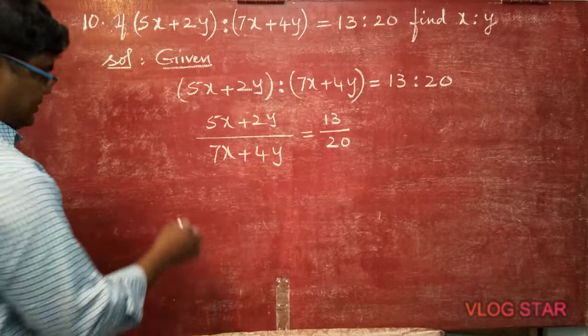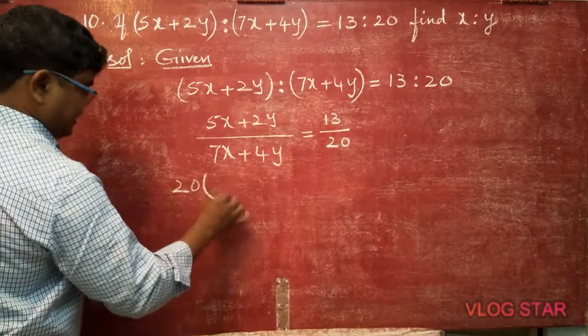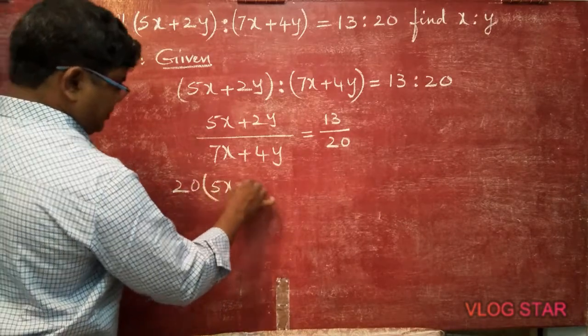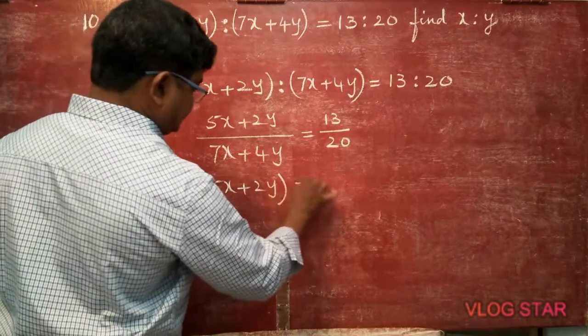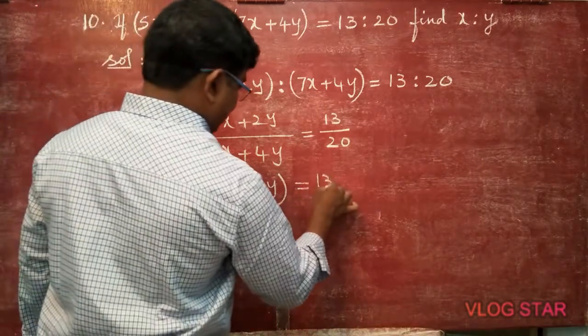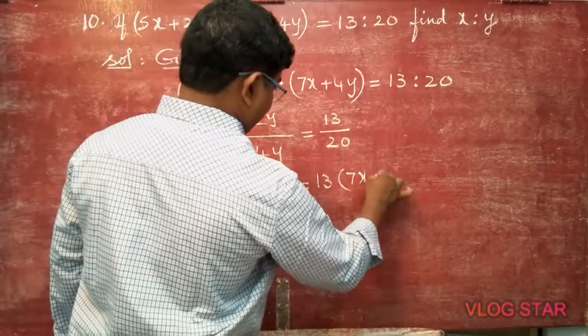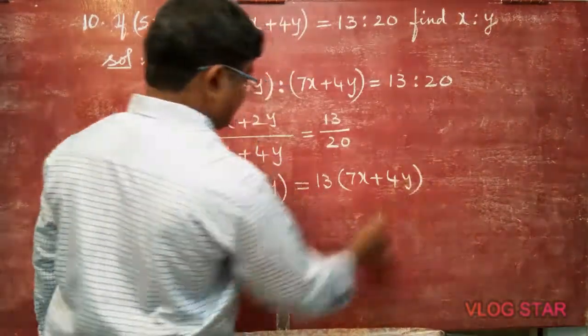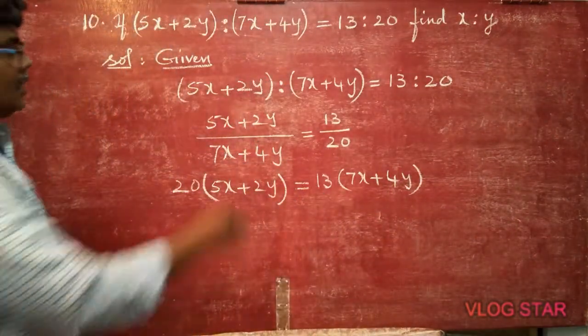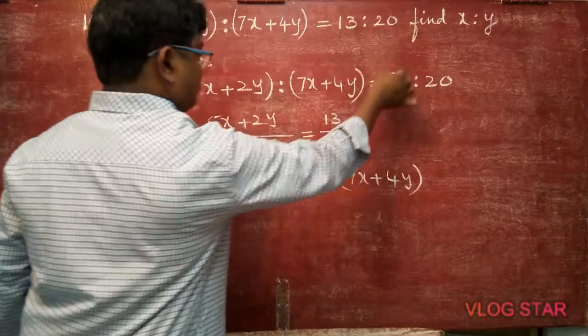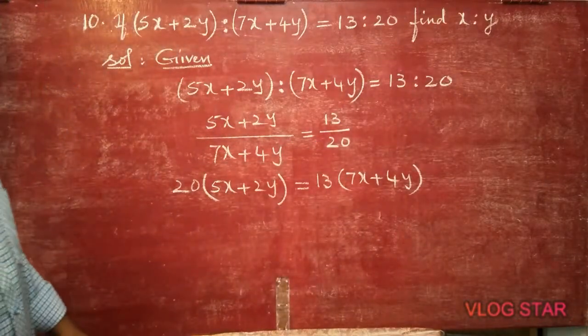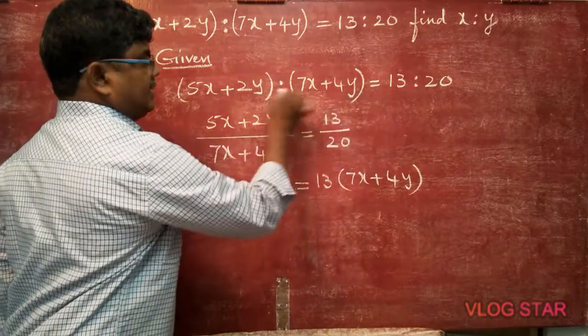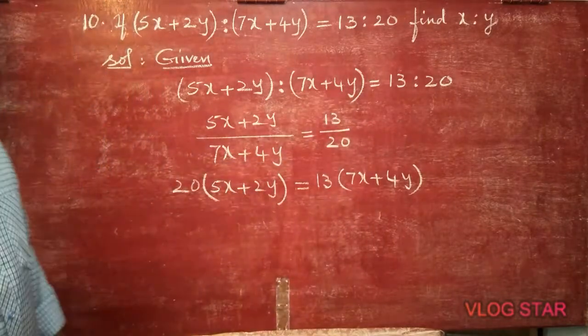Do cross multiplication. 20 into 5x plus 2y is equal to 13 into 7x plus 4y. You know cross multiplication, or product of extremes is equal to product of means. That also you can do, because is equal to is there. Equality between two ratios is called proportion.